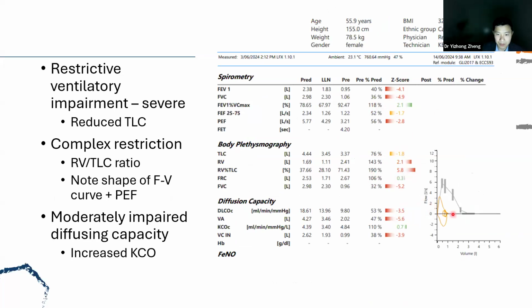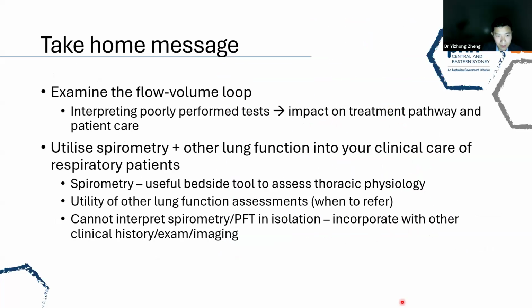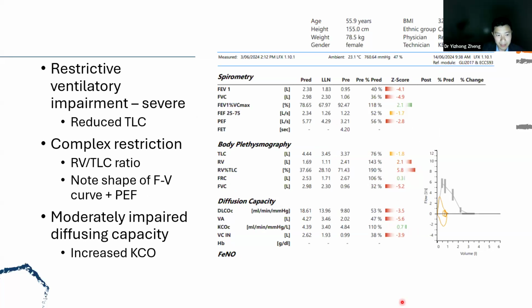Looking at the flow volume loop, you don't see a lot of scalloping, so it's probably suggestive of a neuromuscular process, and you note there's a reduced peak flow. And the diffusing capacity is reduced, but with a normal to slightly elevated KCO, probably suggesting a neuromuscular process. I think this one was a diaphragmatic palsy.